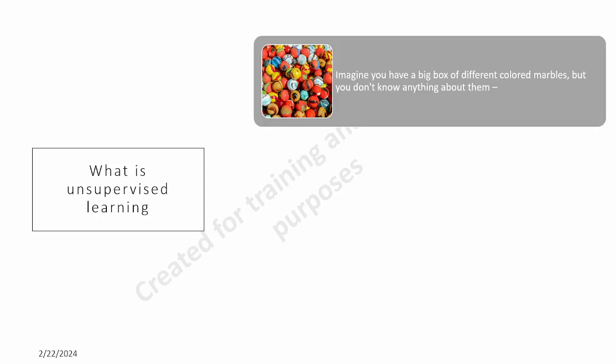Now, next, we want to look at some examples of unsupervised learning where we do not have any labels. So what is unsupervised learning? Imagine you have a big box of colored marbles and you don't know anything about these marbles, like what distinct colors are there.